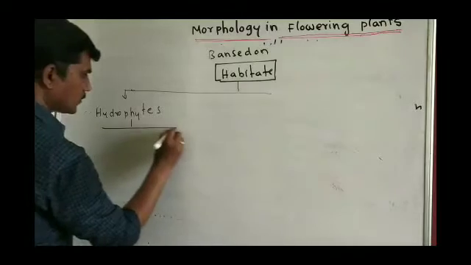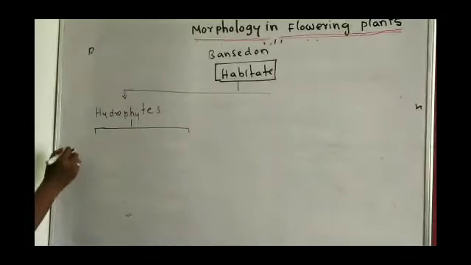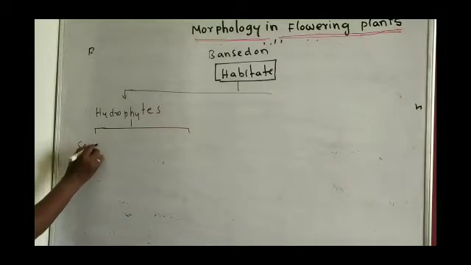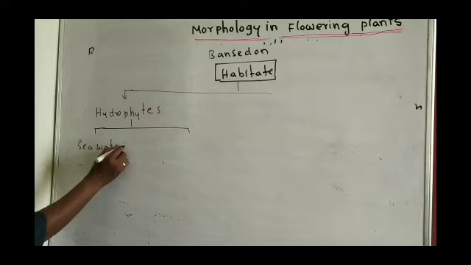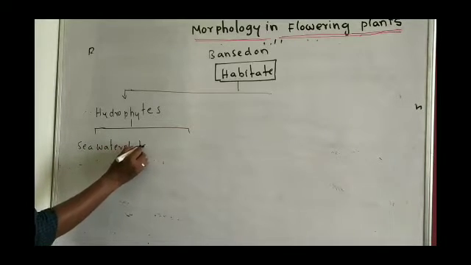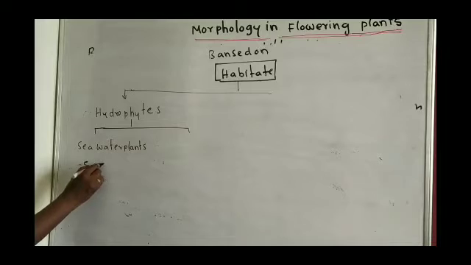Again these are two types, that is seawater plants. Seawater plant example, very important, Zostera.